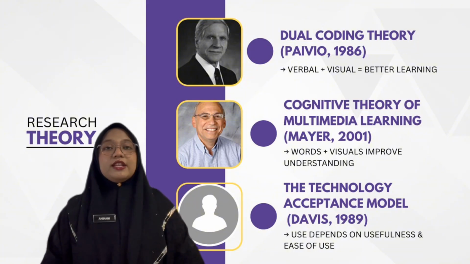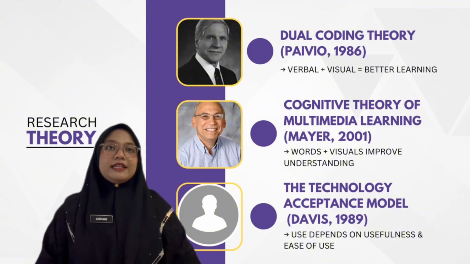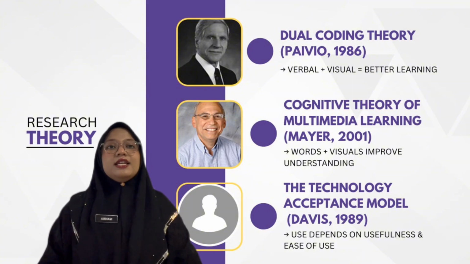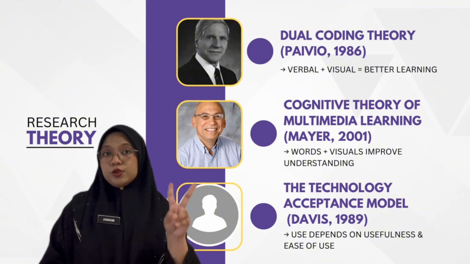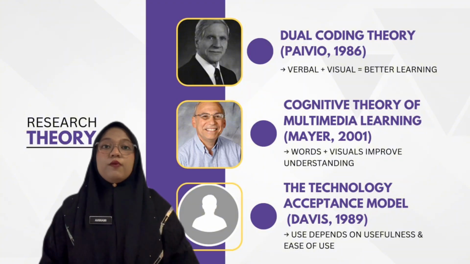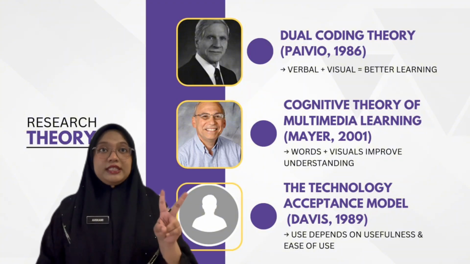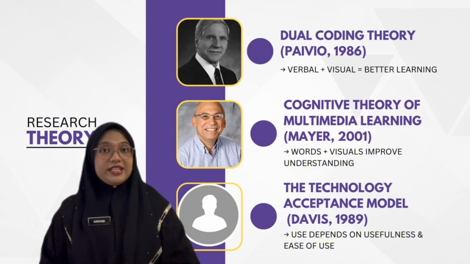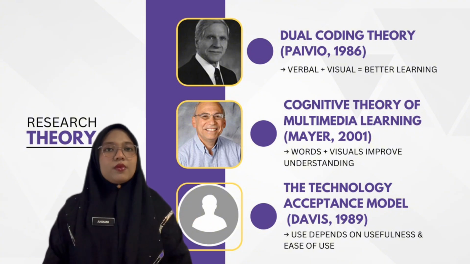The first one that I chose is dual coding theory proposed by Paivio. This theory explains that learners process information through 2 systems: the verbal system, which deals with words, and the visual system, which deals with images and diagrams.